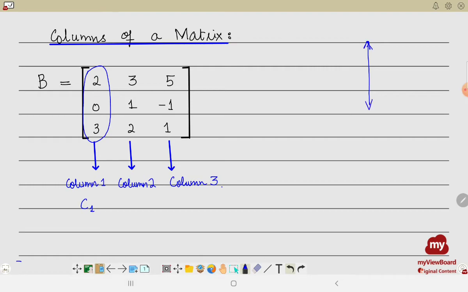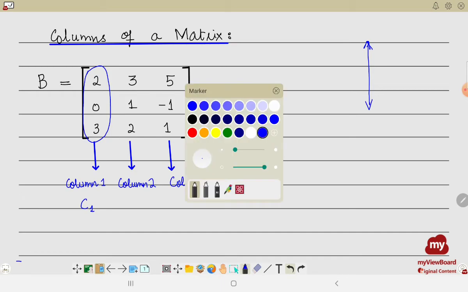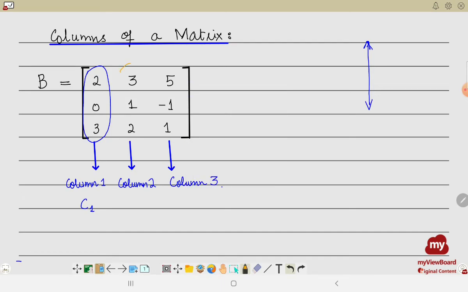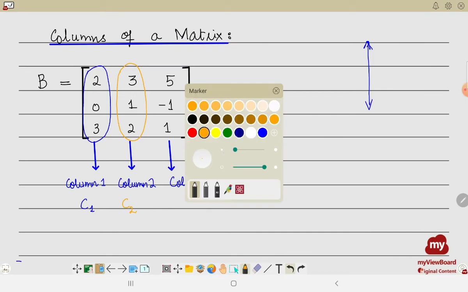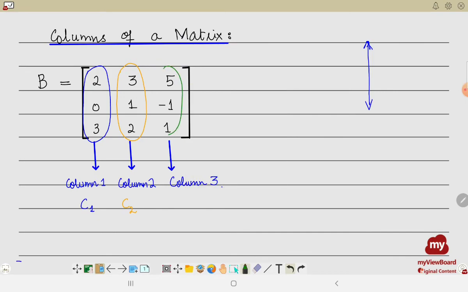So this is how vertical lines look like. So the second column, this one, the entries written vertically are represented by columns. So this is C2. The third column, let us represent it by this. So this is C3, column 3. The entries presented vertically are called columns.